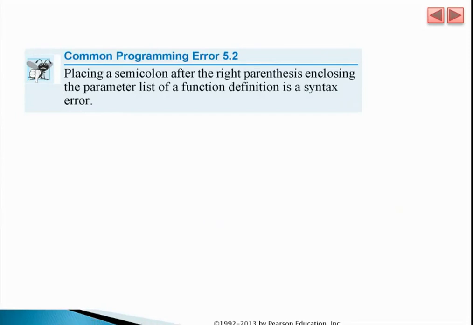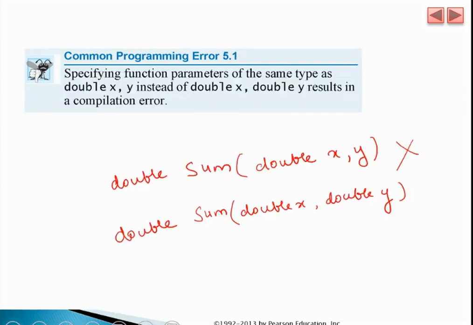Placing a semicolon after the right parenthesis enclosing the parameter list of a function definition is a syntax error, right? So suppose this line is a right line. If this is a prototype, you have to put a semicolon, otherwise it will give you an error. If this is a function definition, then the semicolon should not be there.